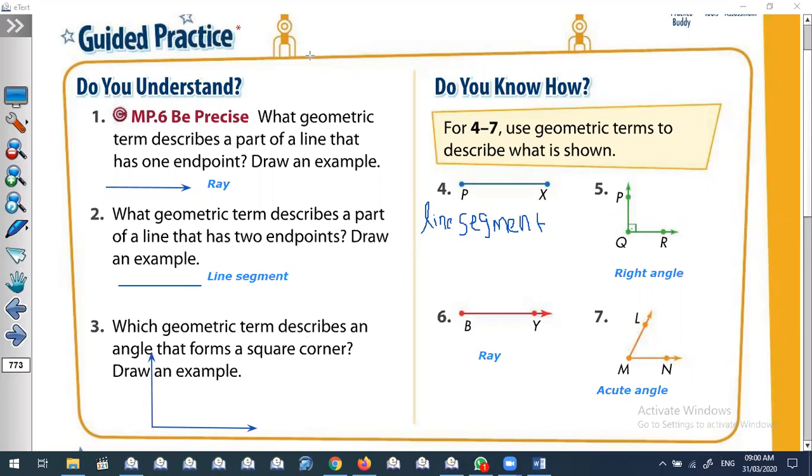So it will be a right angle, because it has a square corner. You have to draw the square corner like that. So this is called a right angle.